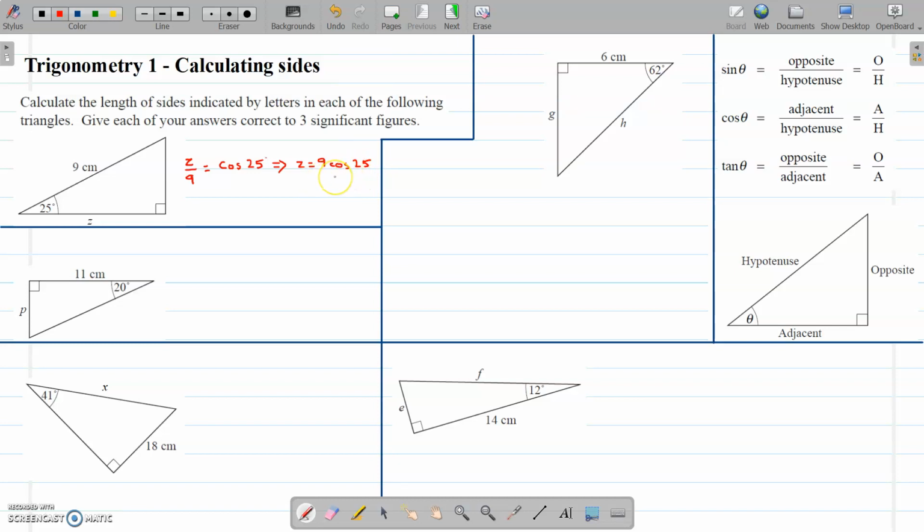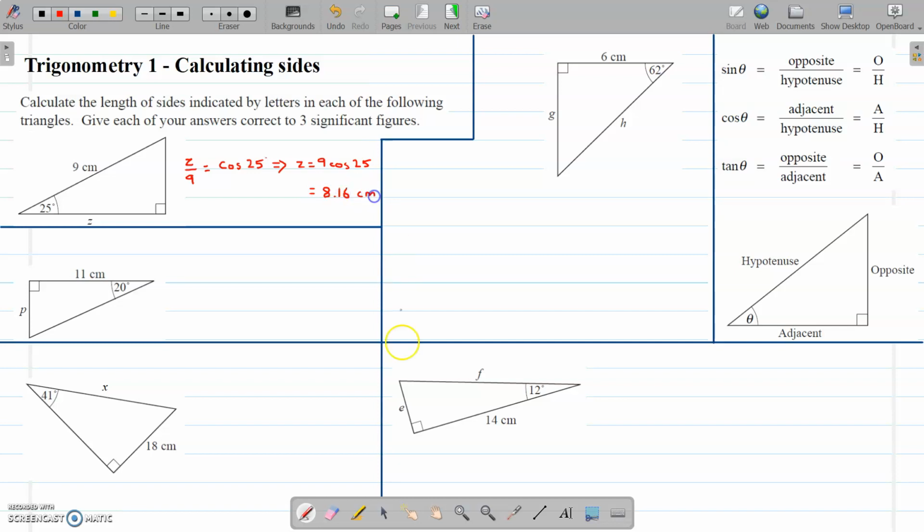If you've got an R or a G, then it's not set up correctly and you need to reset it to degrees. Put that in the calculator and you get 8.16 to 3 significant figures. So 8.16 centimeters.